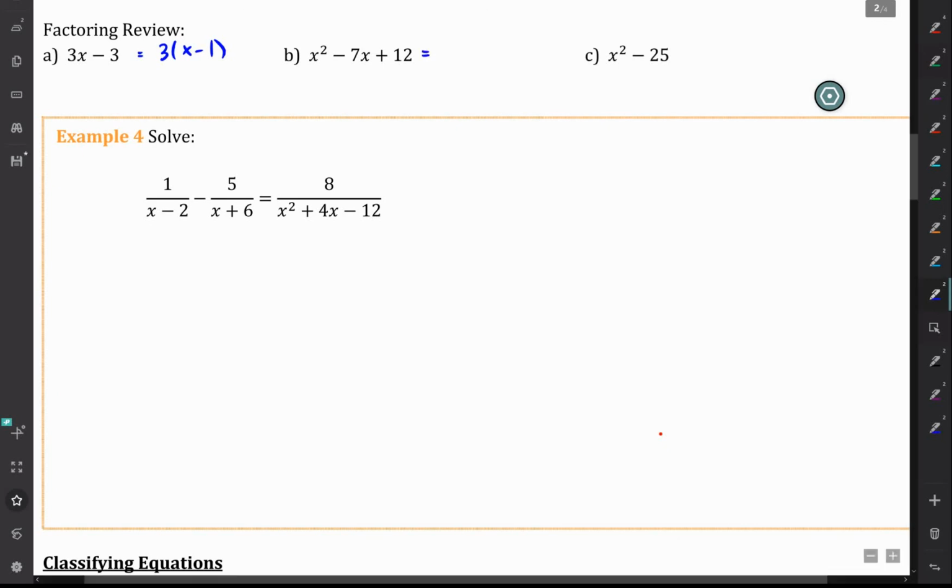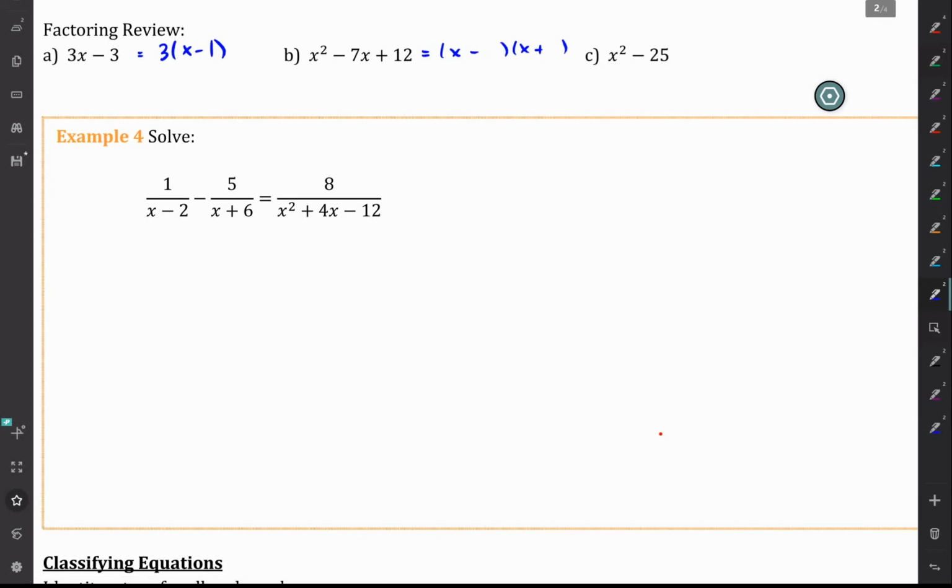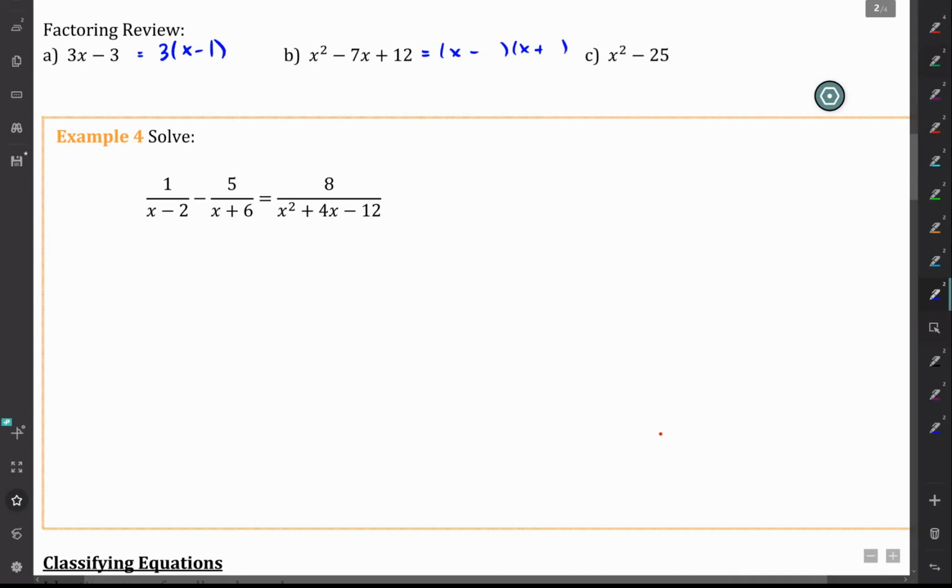Now in the second case, we want to factor into x minus something and x plus something. The question is, what things can I multiply together to get 12 and then have their sum be negative 7? What multiplies to 12? 2 and 6, 1 and 12, or 3 and 4.